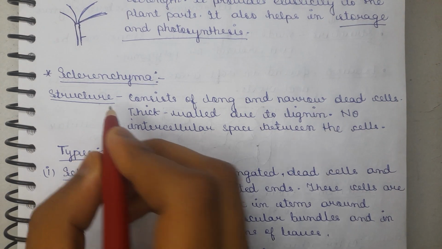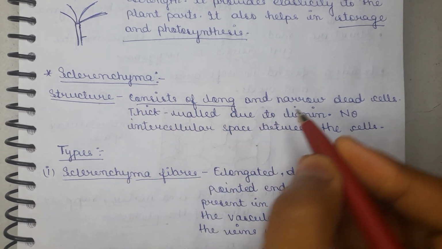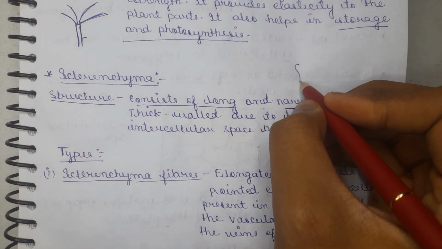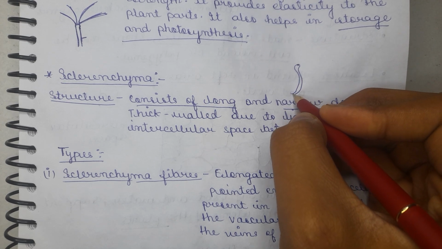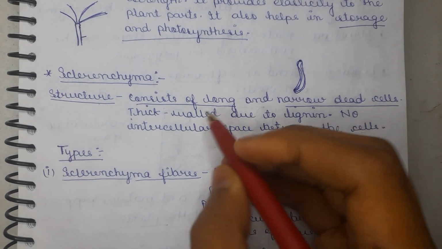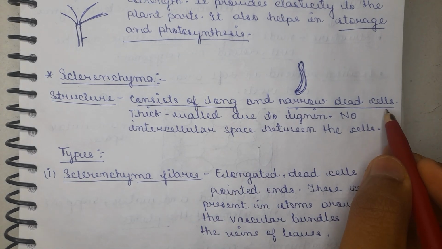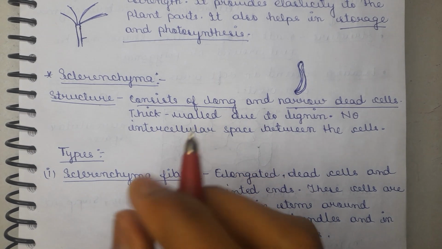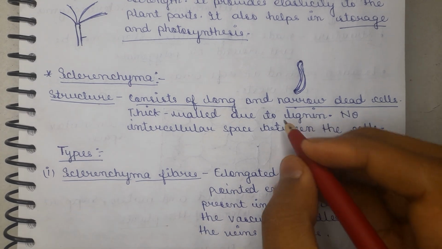Now the structure consists of long and narrow, elongated dead cells. We can also say that the structure looks like this. Sclerenchyma consists of long, narrow, thick dead cells. This cell also has a thick wall due to the presence of lignin.